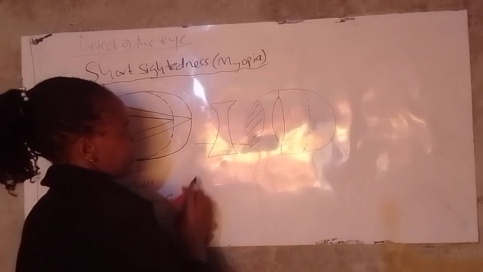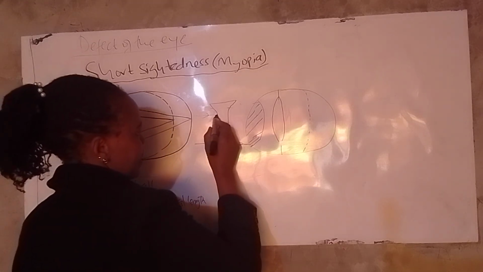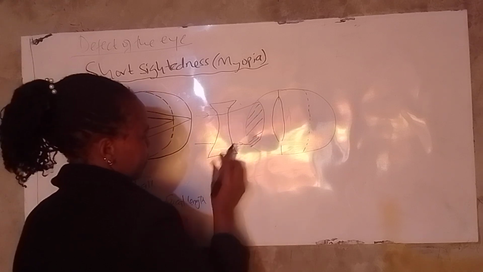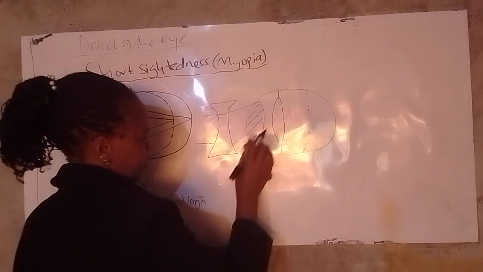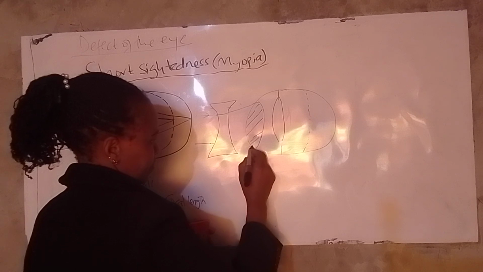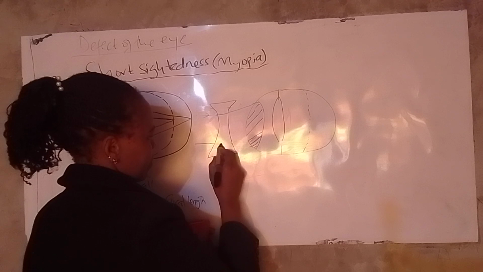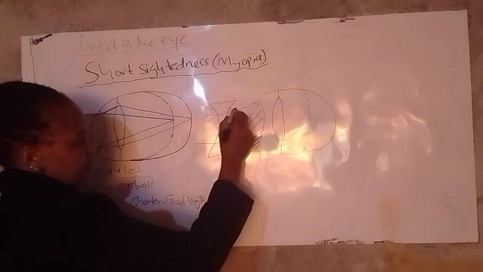We draw this. These are rays coming from a far object, and after getting to the lens, they will be diverged. Okay, so you can see the divergence by the lens.